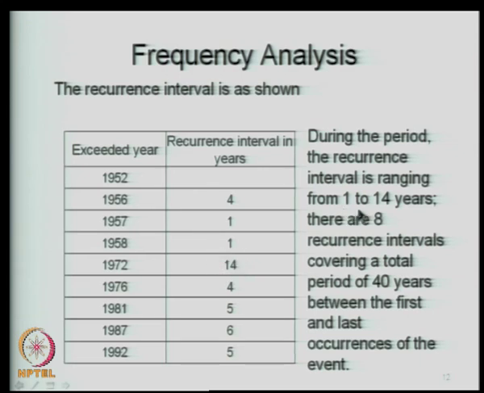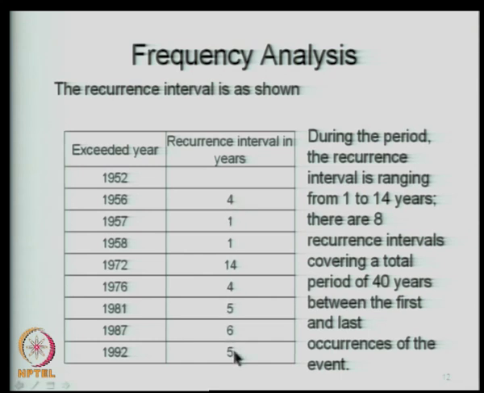So, it varied between 1 to 14 years, and there are 8 such intervals, because we talked about 9 events and the intervals between them are 8, and there is a 40-year period in this recurrence interval.